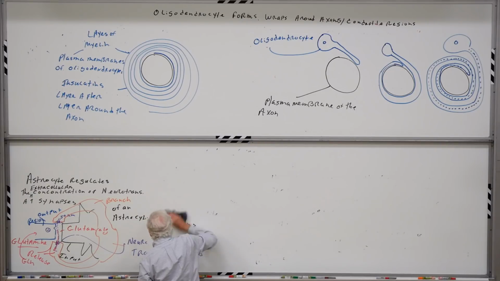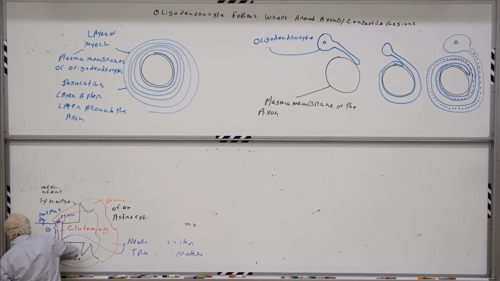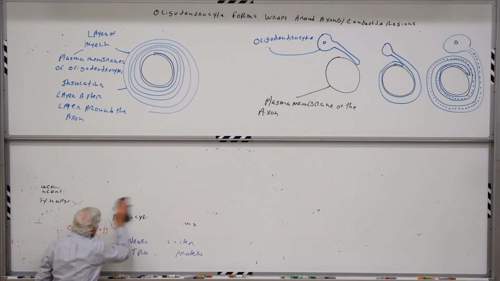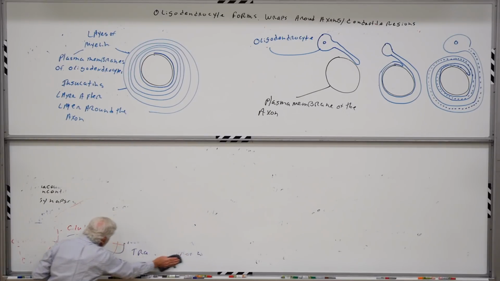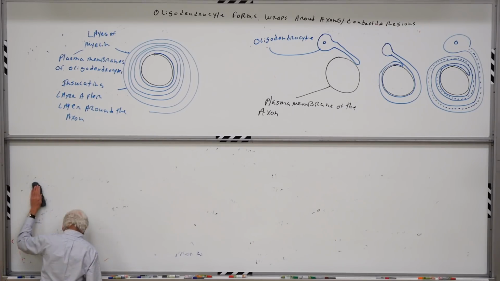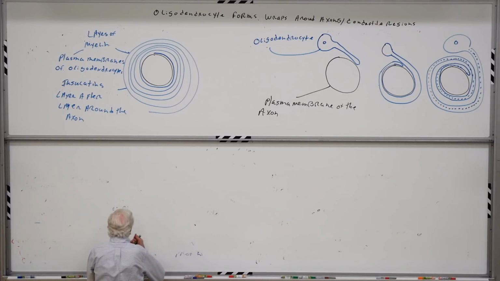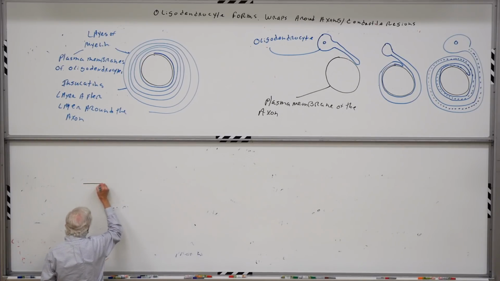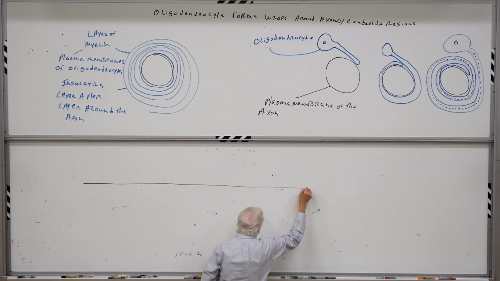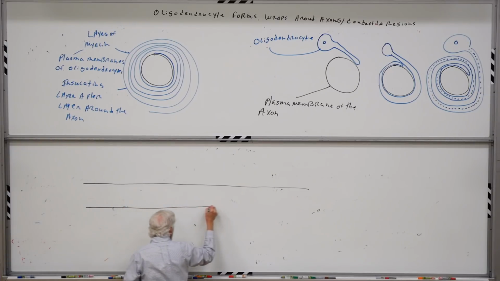So rather than showing the circle as we have above, we're going to make two parallel lines. And the two parallel lines, again, will represent the plasma membrane of the axon.